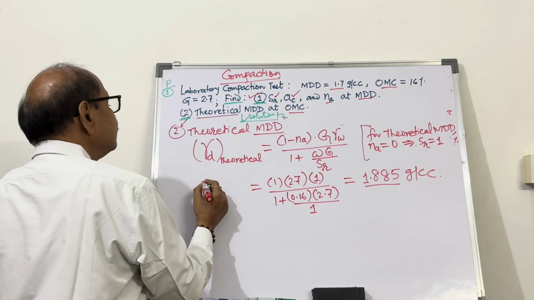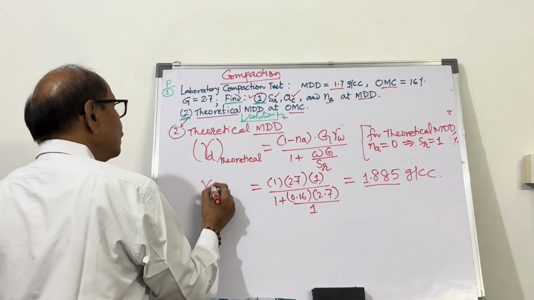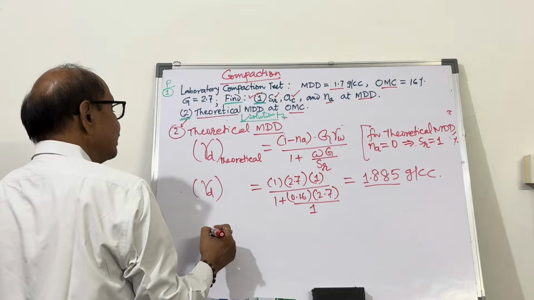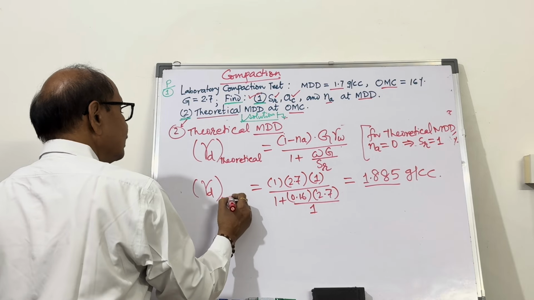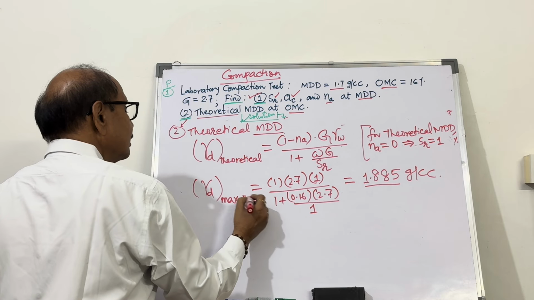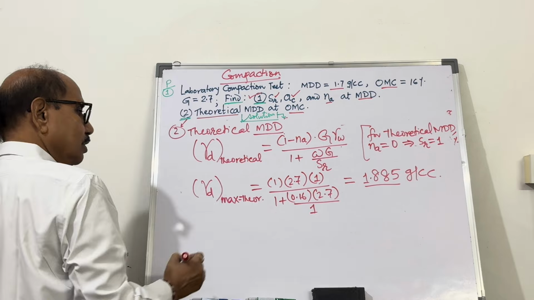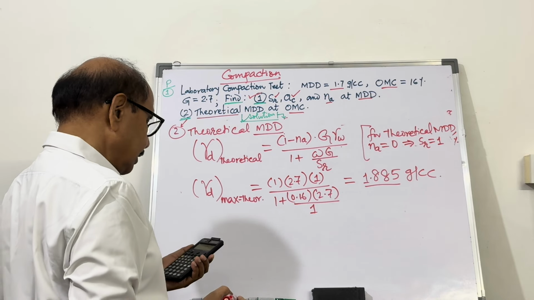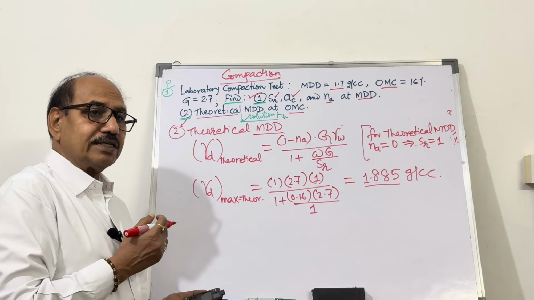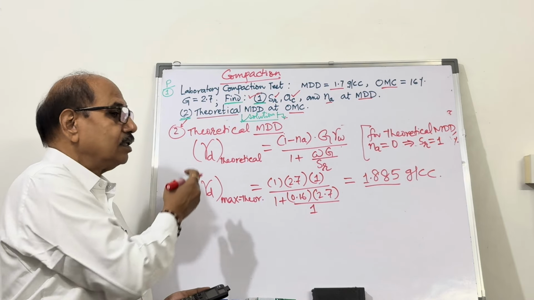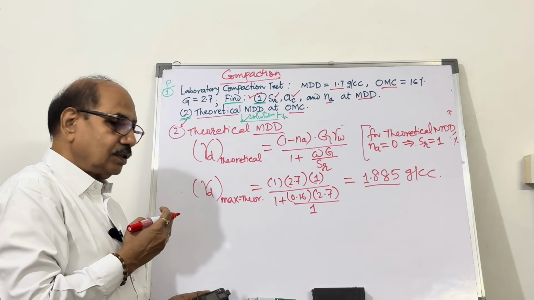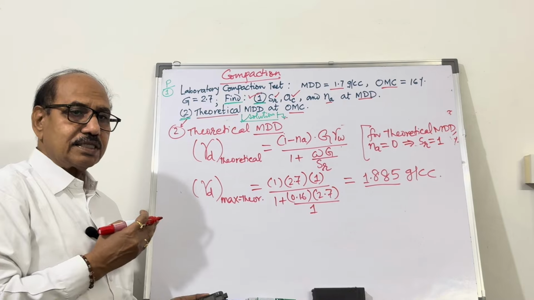So the maximum dry density, gamma d max, theoretical, is going to be 1.885 gram per cc. So this is a very standard problem that is asked in many competitive examinations, and you can all go through this. Thank you very much.